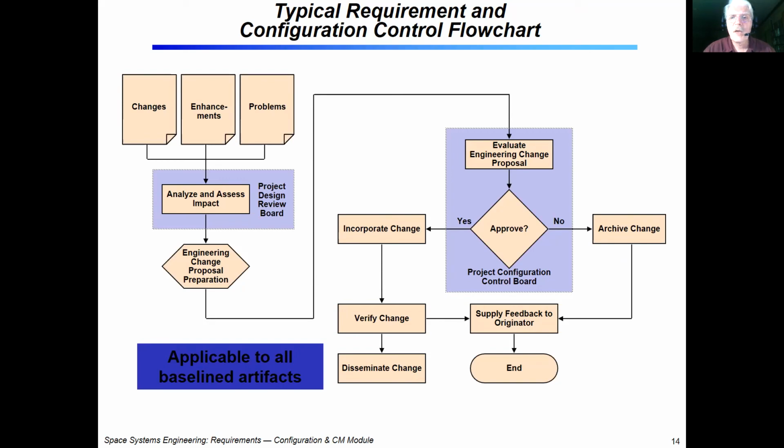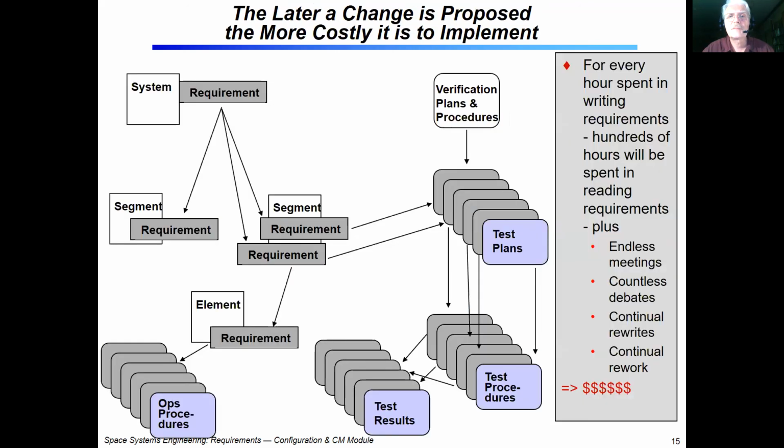You can look at this flow chart a little bit later on, when you get some time. It gives you some ideas about how to do your configuration control when you make these kinds of changes.